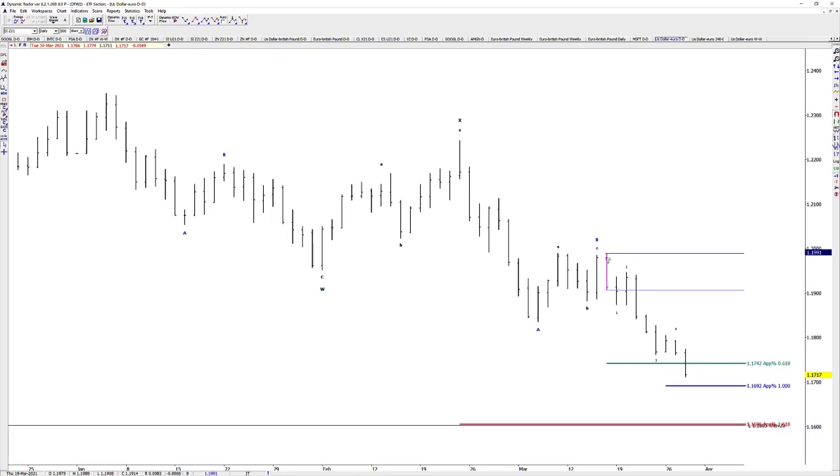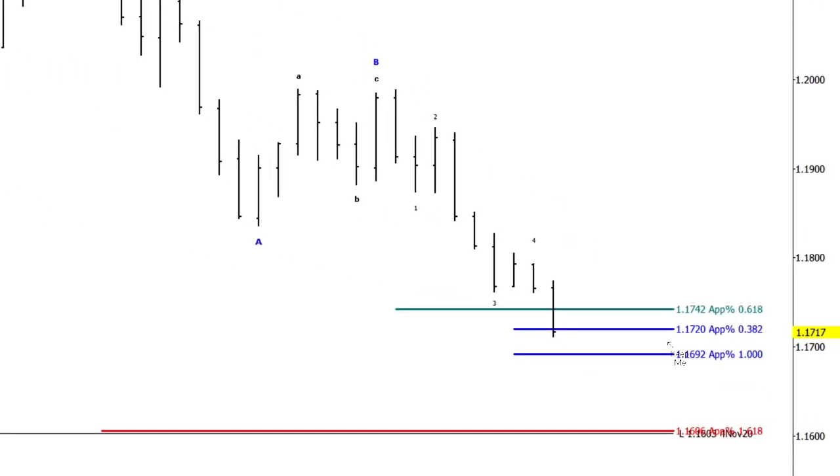Well, it's the net range of 1 through 3 from the wave 4, in either 38% or 62% alternate price projection. Let's keep that guy. 38% alternate price projection. So we've got two of the key end of wave 5 price targets.